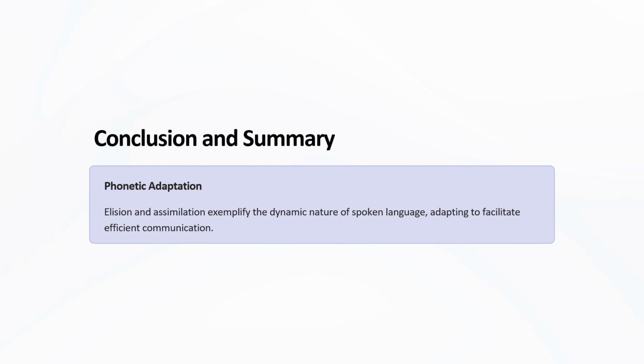Both elision and assimilation are very important to a language. In Malayalam also we have a lot of elision and assimilation. For example, we used to say a shortened form instead of the full word, so we are using elision there.